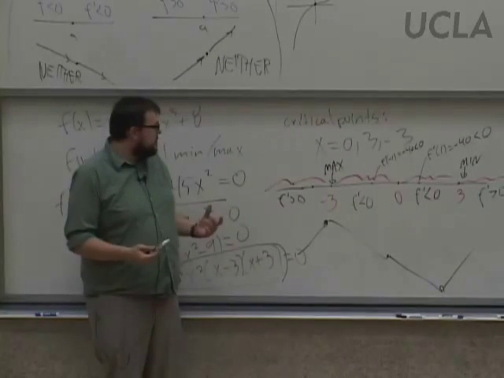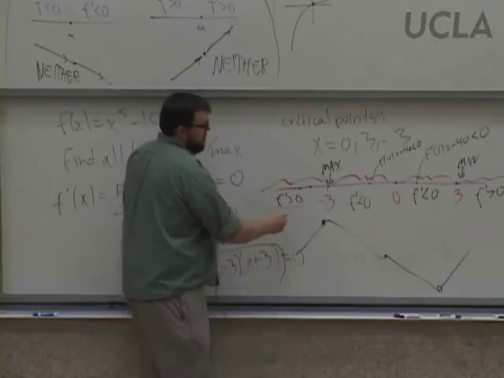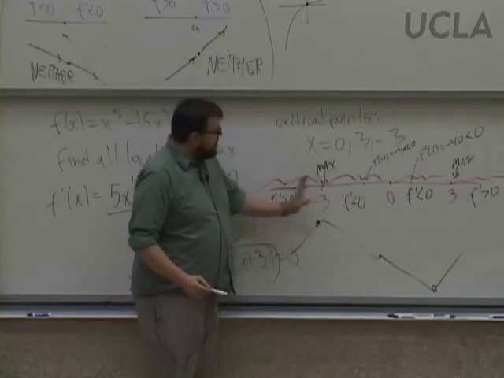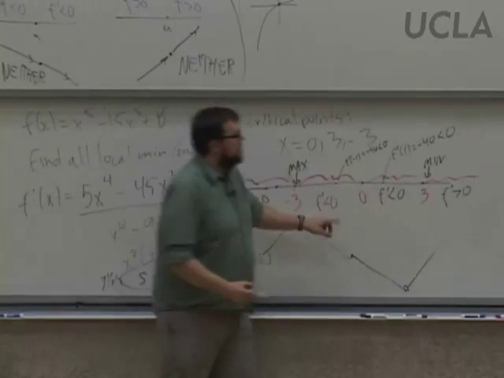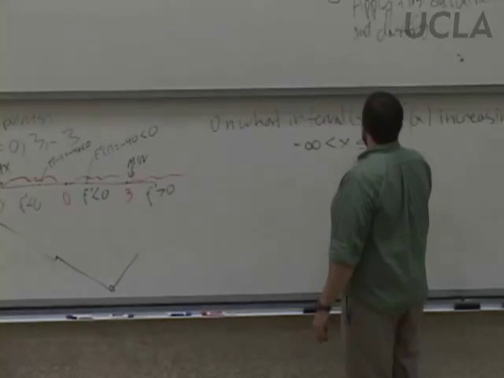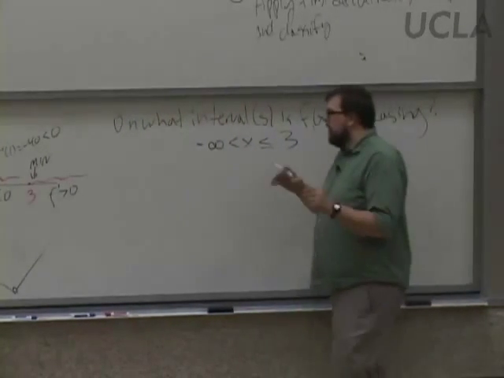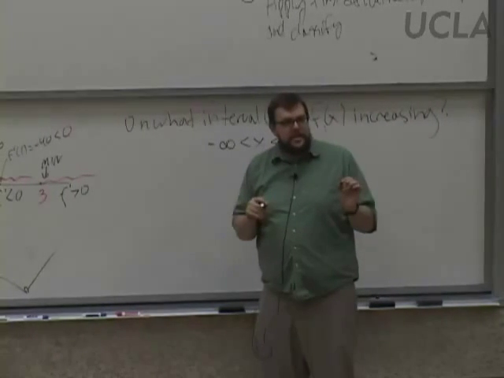So where is the derivative positive? Well, here it's positive. From negative infinity all the way up to -3, and then I switch signs. So I'm going to say from negative infinity up to -3, and you can include -3 if you want, or not. I'm not going to be that picky. Some people are that picky. I'm not.